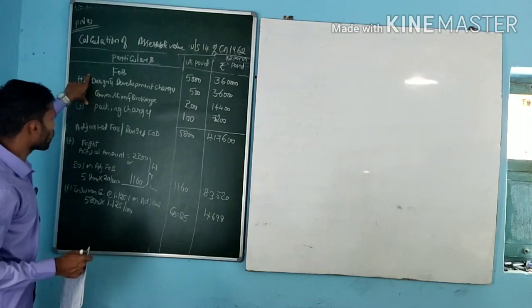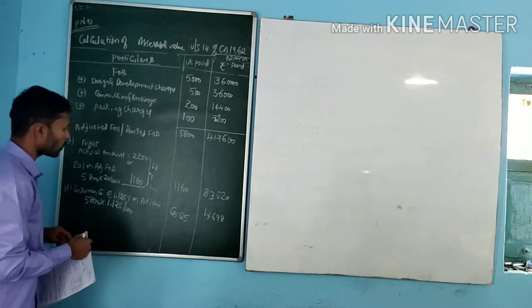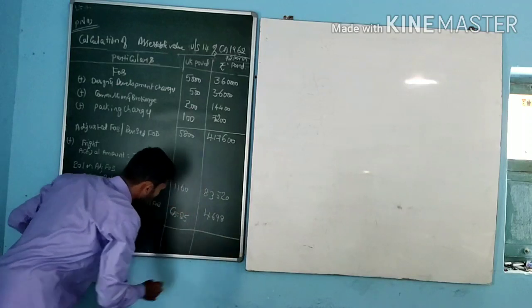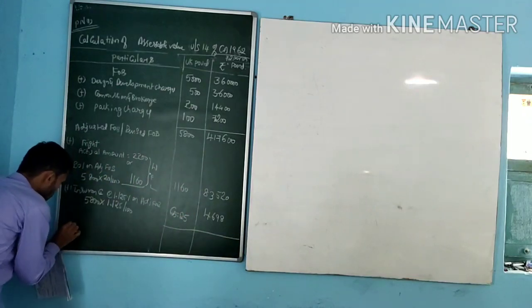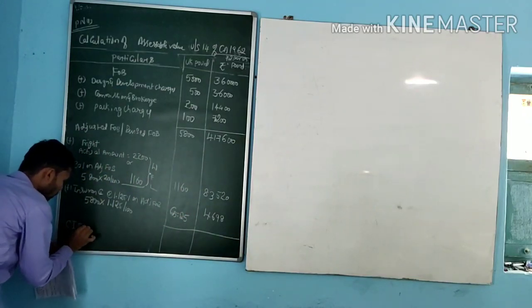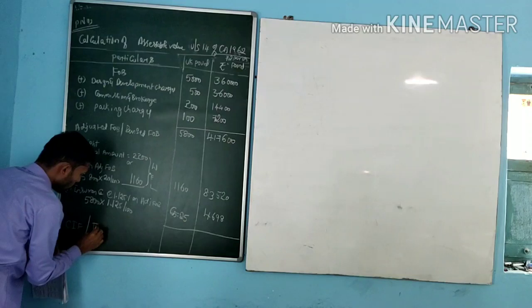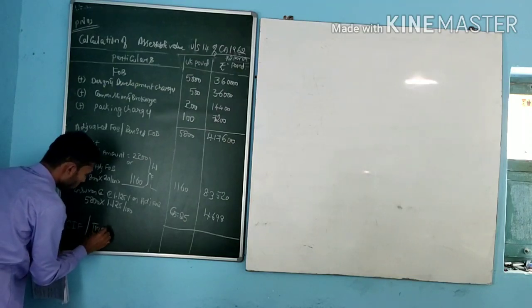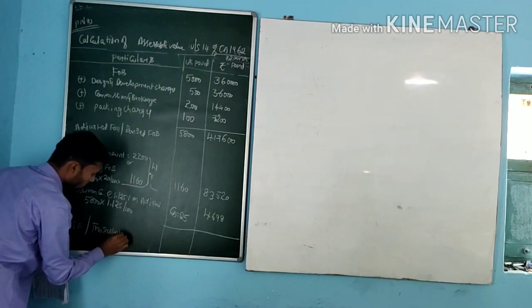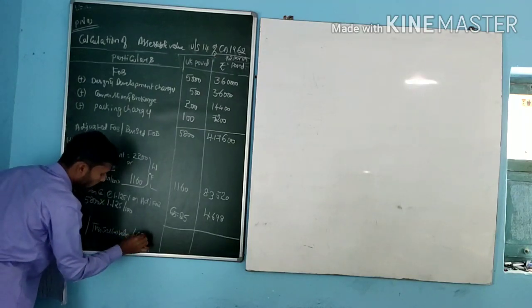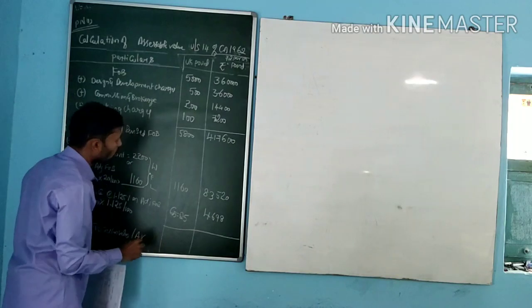So this is the cost, that is FOB value plus freight and insurance. All this will be added, that is called cost, insurance, freight, or transaction value, or assessable value of the imported goods.